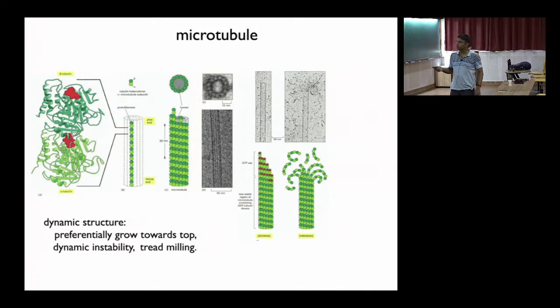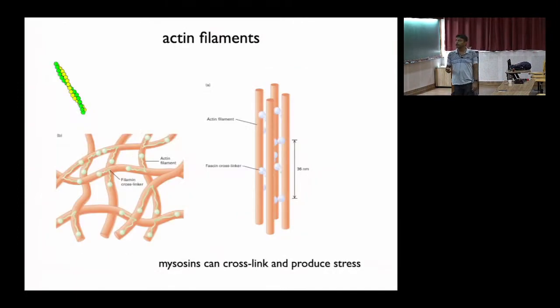I'll not get into these details. Microtubules are made up of tubulin dimers, and they preferentially grow in a specific direction. They show dynamic instability, treadmilling, and actin filaments also grow from their front by adding actin monomers.